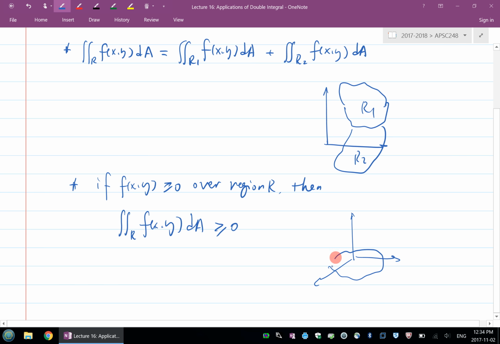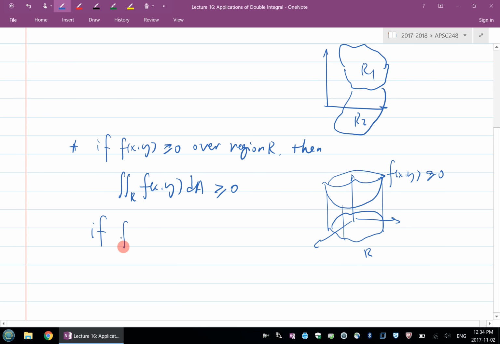If this is region R and you have a surface defined on top of this region, the double integral gives a volume, the volume above R and below f. So apparently it's definitely going to be a positive volume. If f is greater than 0, the integral is greater than 0.